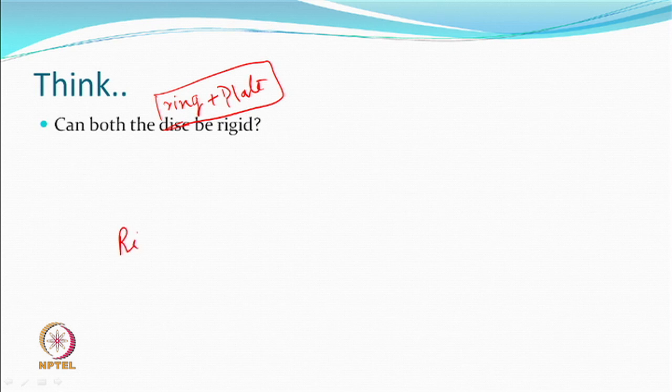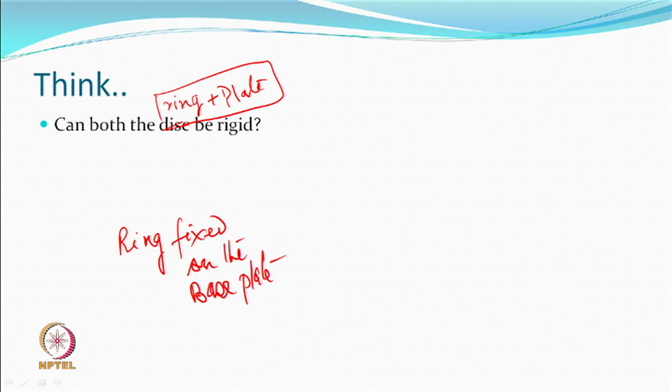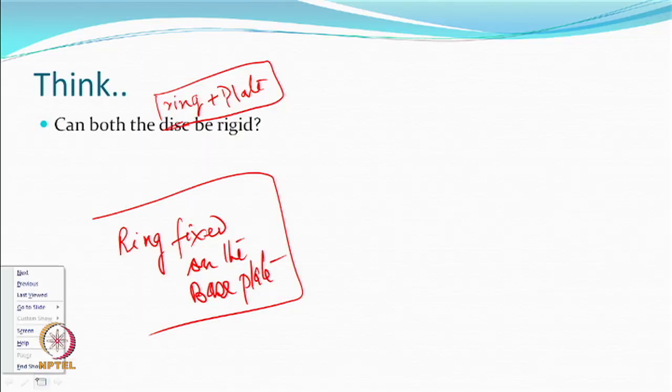So, ring which is fixed on the plate, together they are rigid. Okay. So, the question is, now there are two of such things, can both be rigid?